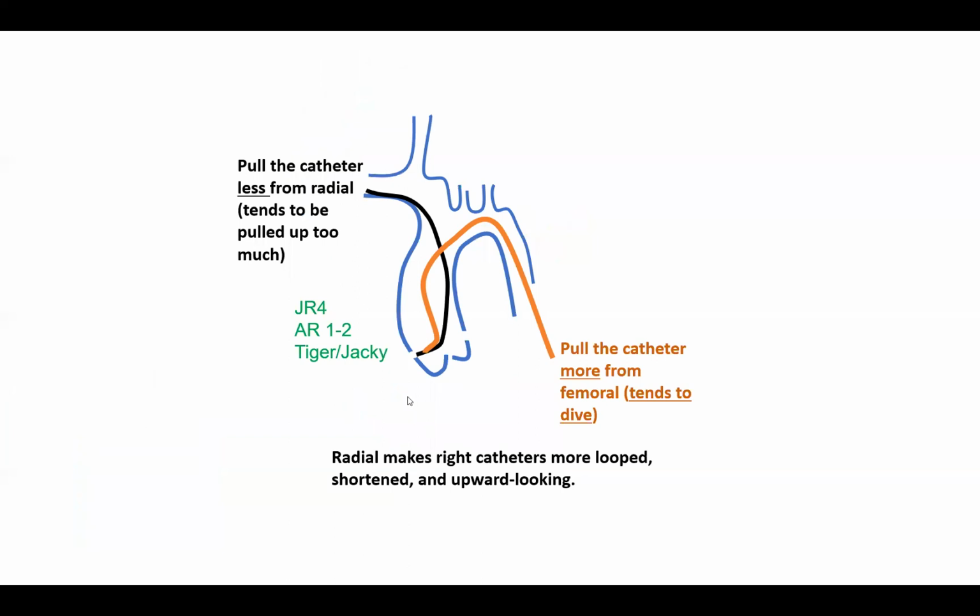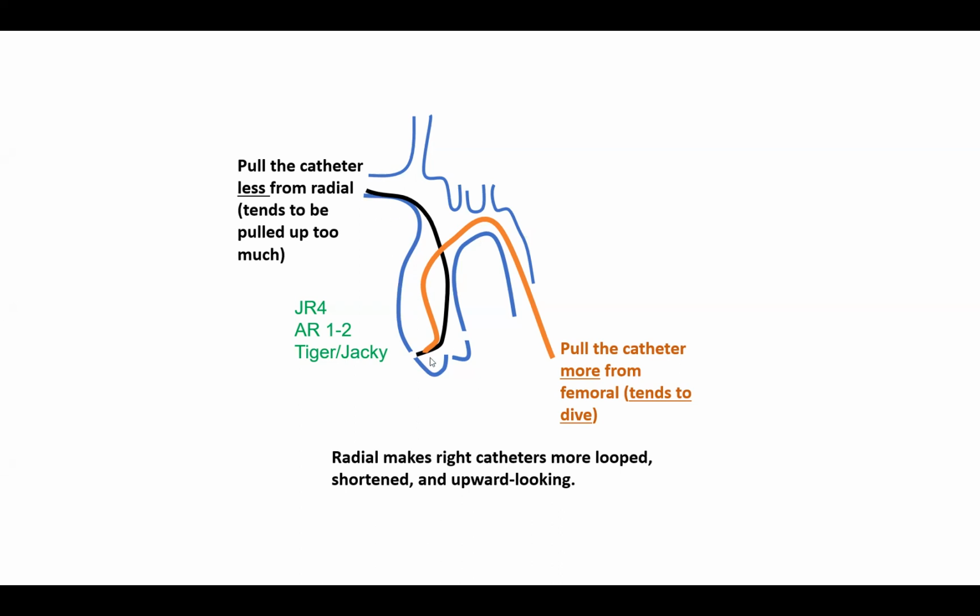Another basic idea here is the difference between radial and femoral. In both radial and femoral, we touch the right coronary cusp and we pull with a clockwise torque maneuver. However, from a femoral access, the catheter tends to dive a lot more than it does from a radial access. From a femoral access, it tends to dive down.